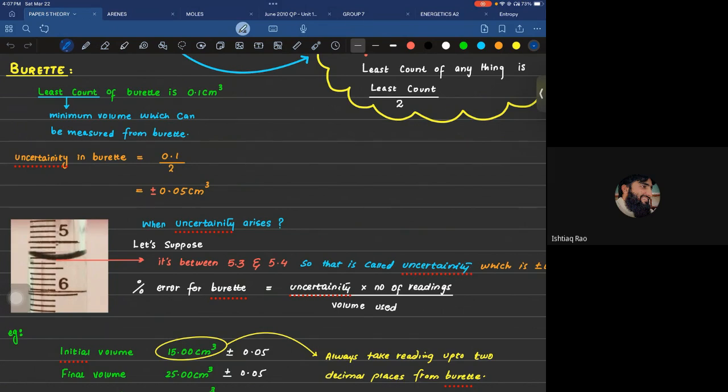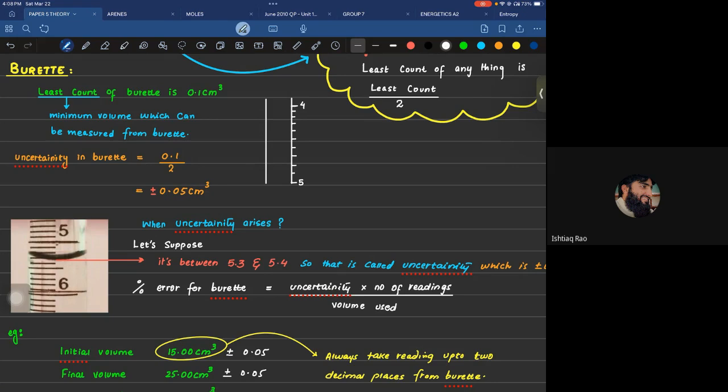What is uncertainty? Let's say you are going to do a titration, and this is your burette. This is 4.1, 4.2, 4.3, 4.4, 4.5, 4.6, 4.7, 4.8, 4.9, and this is 5.